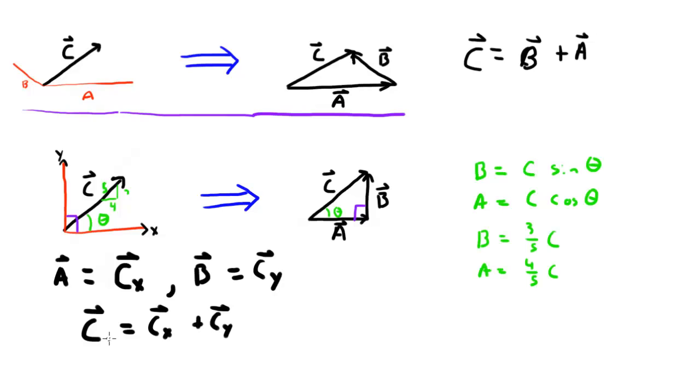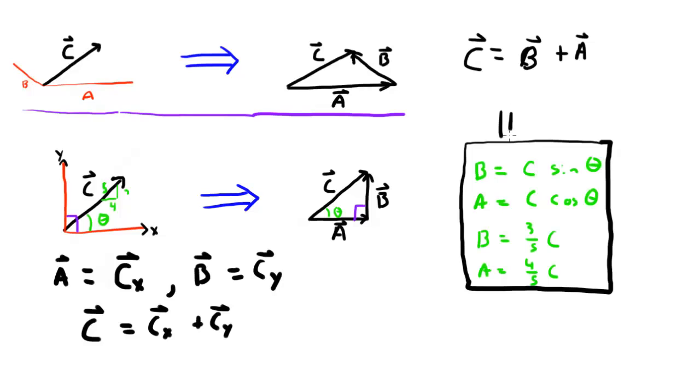I'd like to point out real quickly, if you haven't noticed, that the book uses bold characters to indicate vectors, and non-bolded characters to indicate the magnitude of those vectors. Here I've tried to use bolding with an arrow over it to indicate a vector, and no bolding and no arrow to indicate the magnitude.